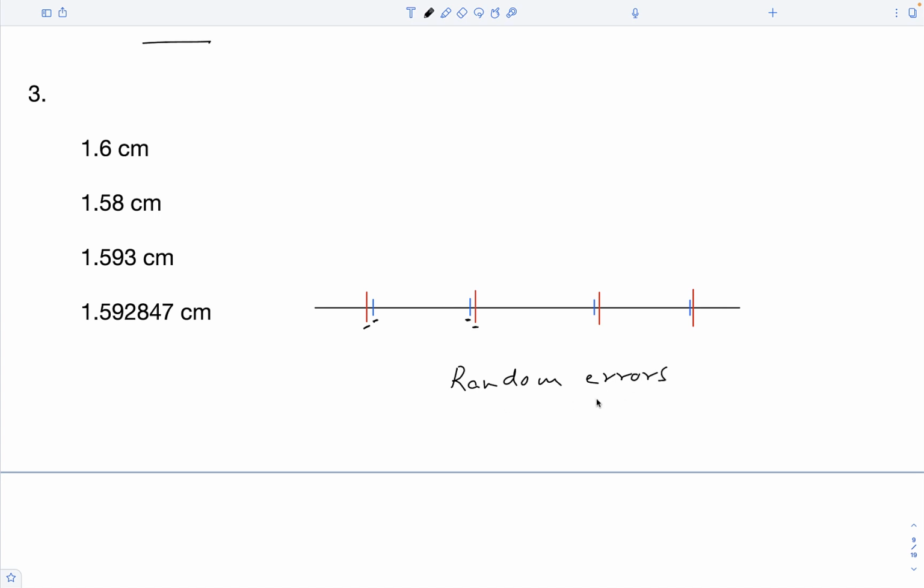And random errors cannot be eliminated because they are due to this estimated digit. So in every measurement, there will be some amount of random error that cannot be eliminated. But we can reduce the amount of random error by measuring with an instrument with higher precision. That is an instrument that gives more digits in the measurement.